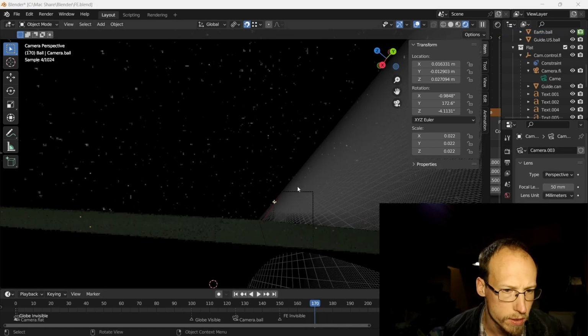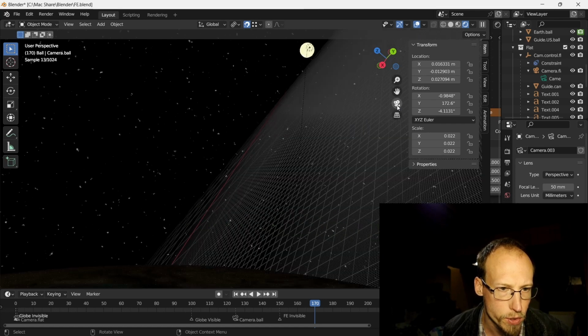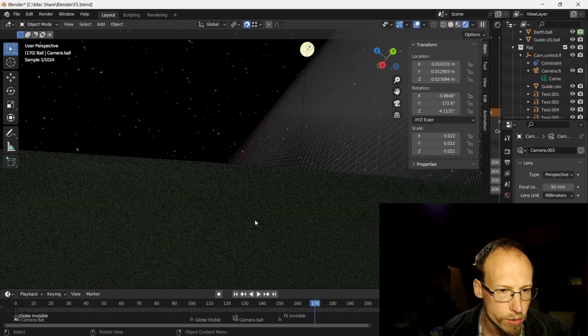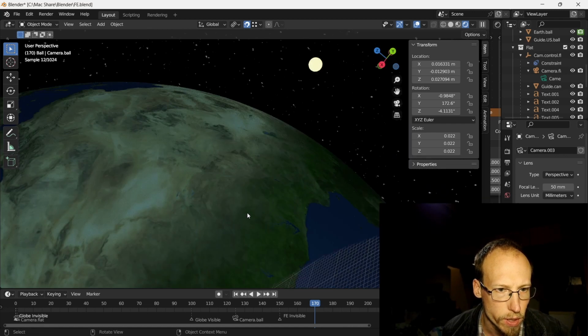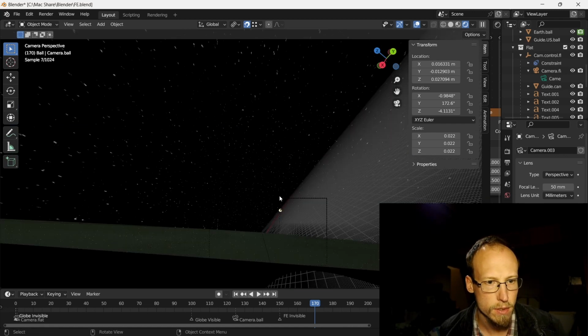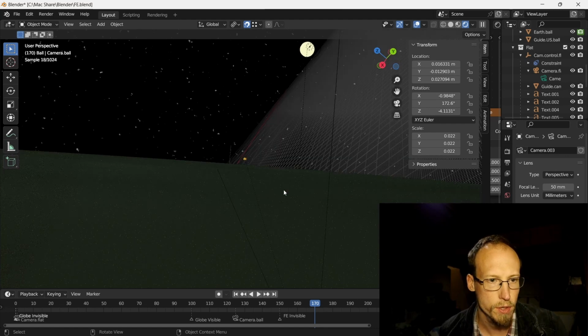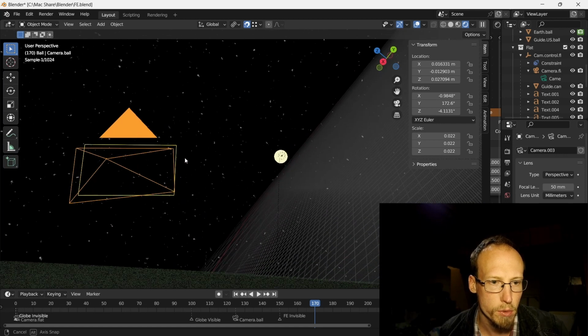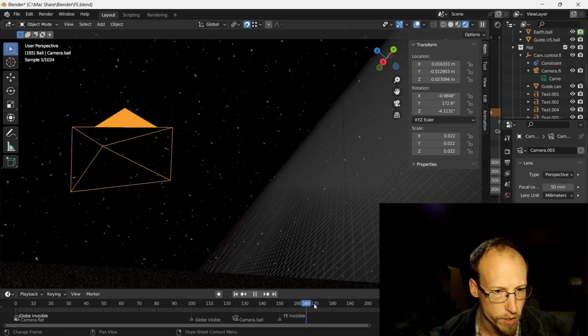So we should actually be able to see that now, and it's a little bit closer to what things would actually be like. I'm going to grab the camera, because I don't really want to look through that camera, but we're next to it.